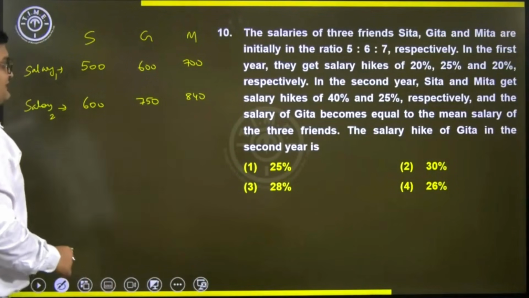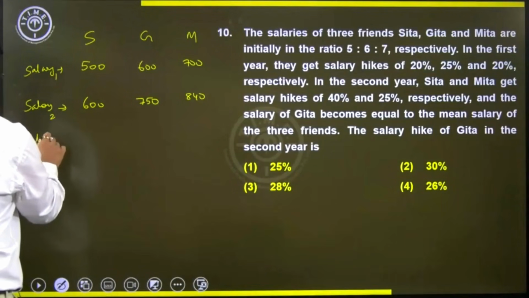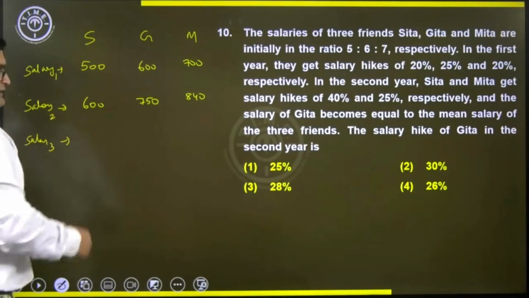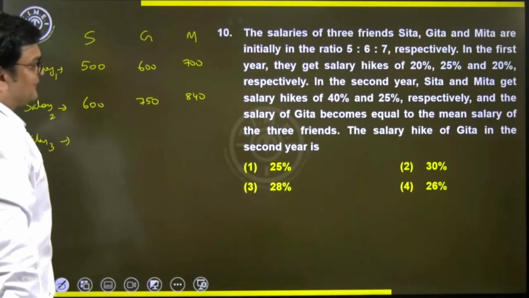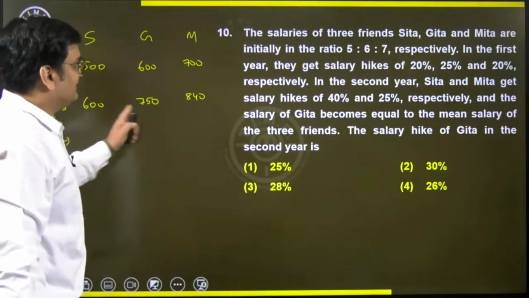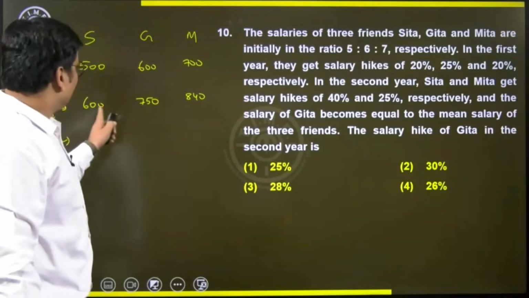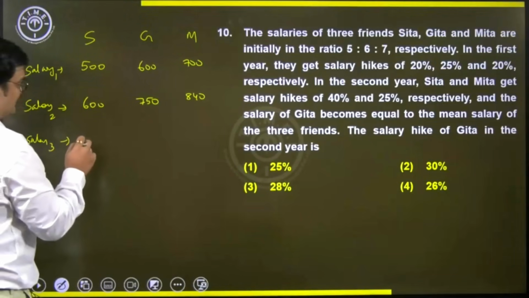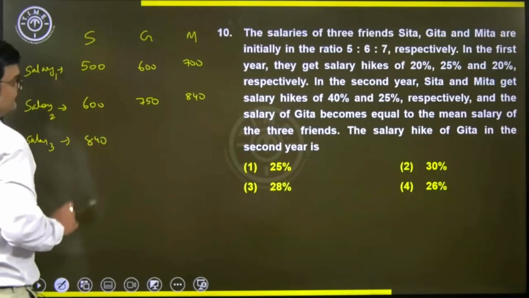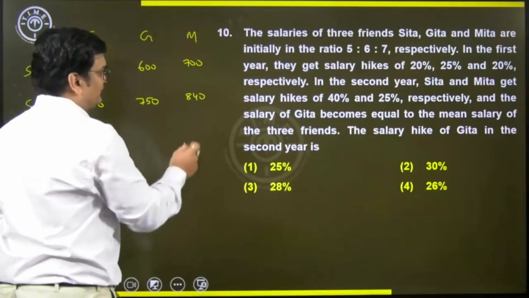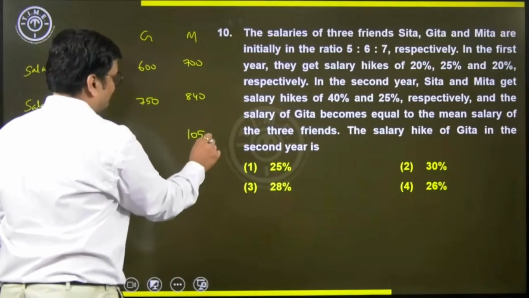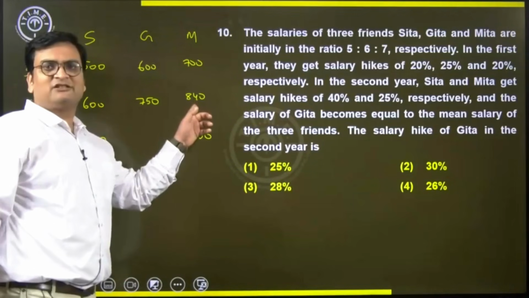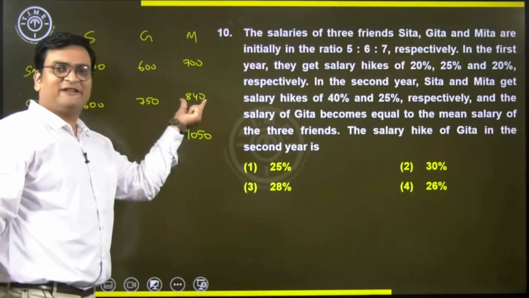In the second year, Sita and Meeta get salary hikes of 40% and 25%. So salary number 3: if 750 increases by 40%, it will become 1050. And 840 increases by 25%, so 210, it will be 1050, because one-fourth of 840 is 210.